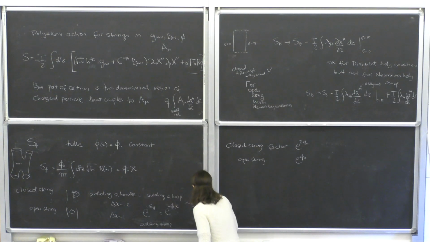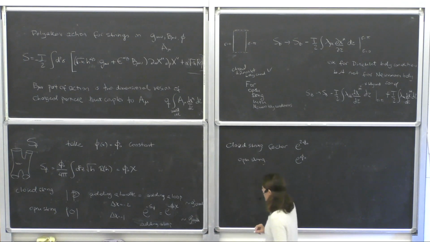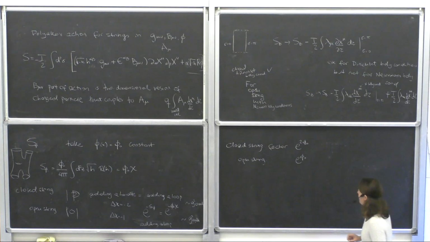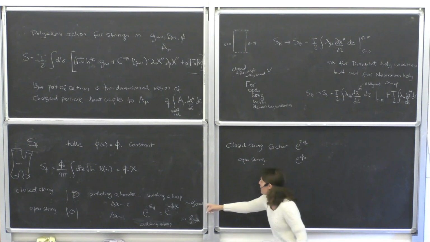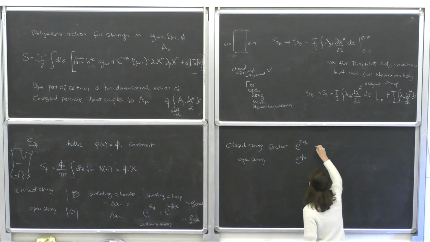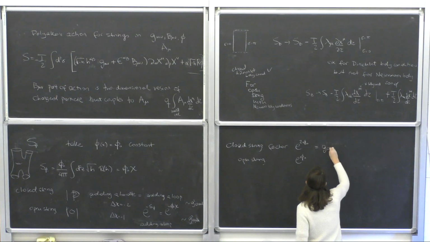Let me call it g closed squared, and for the open string it's g open squared, the coupling constant for the open string.